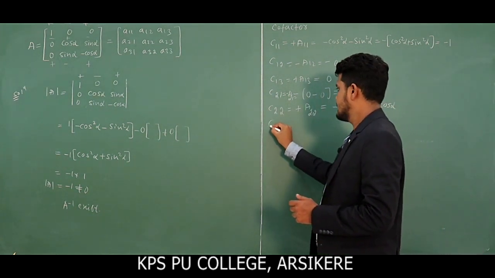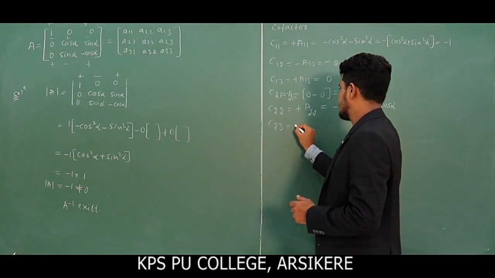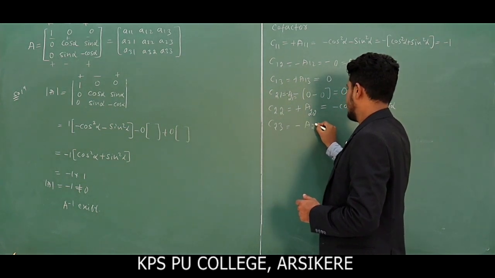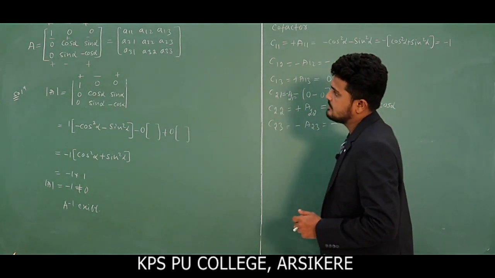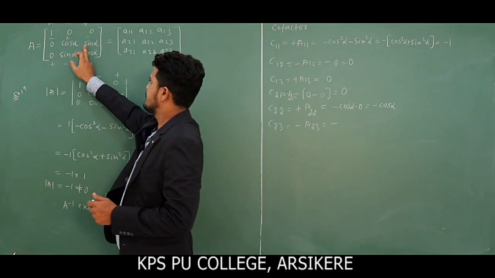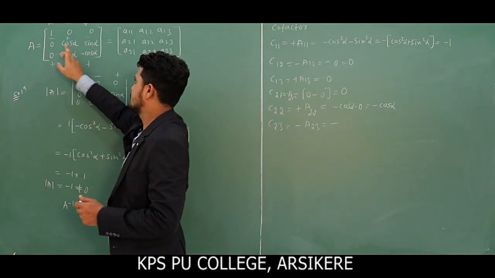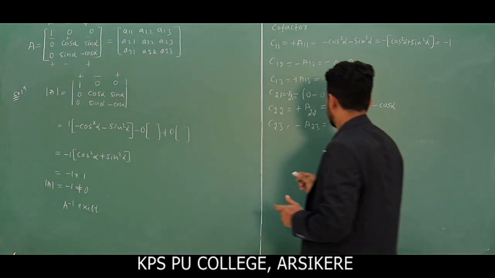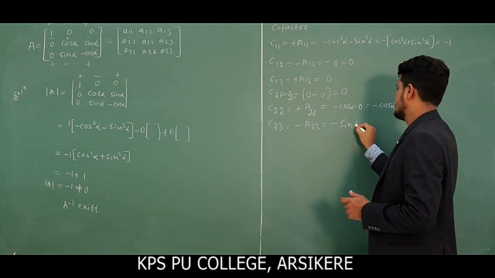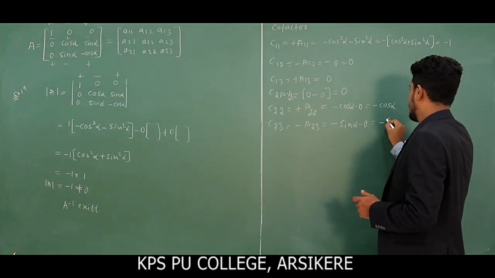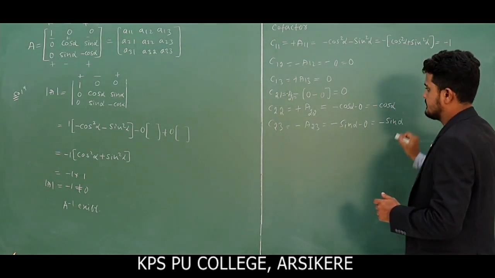Next C23: sign minus of A23, so minus of, eliminating second row, third column: 1 into sin alpha minus 0, which is equal to minus sin alpha.